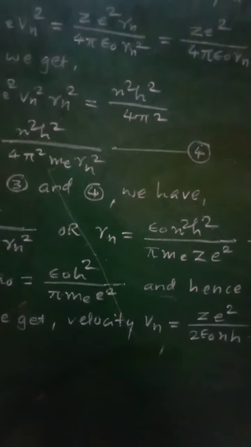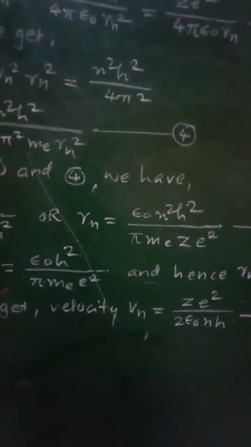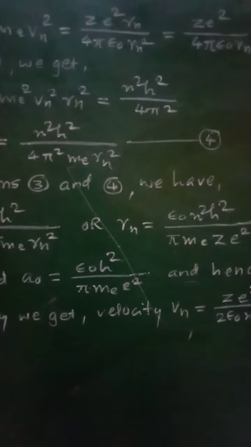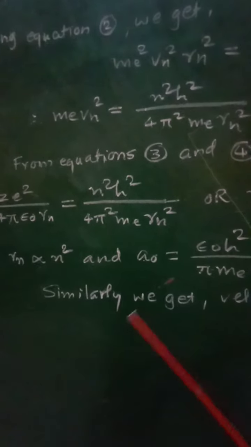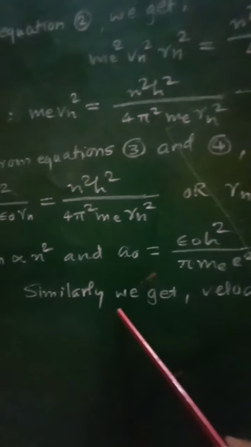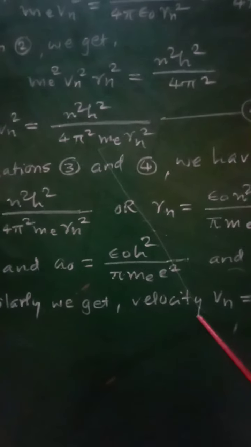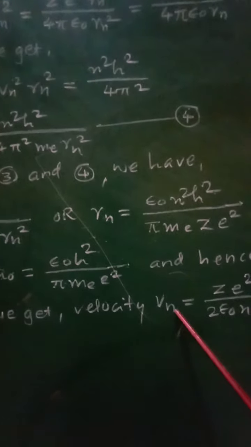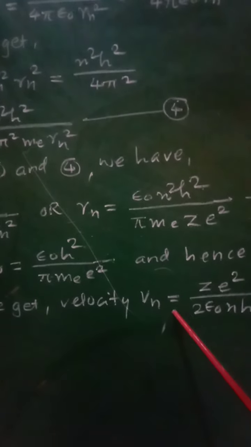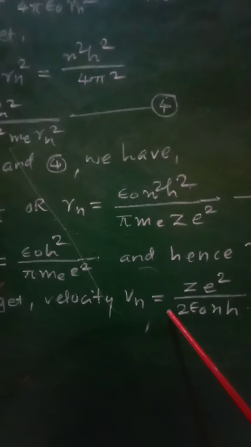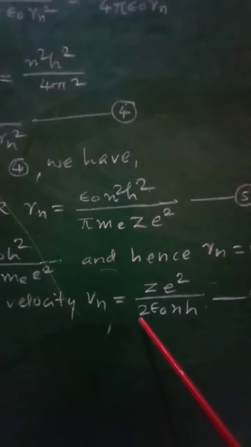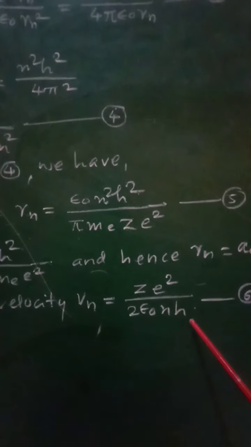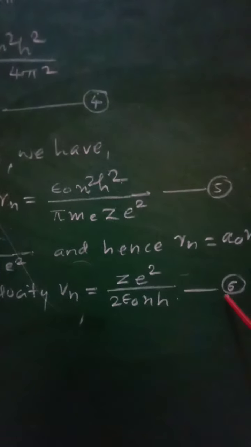Then similarly, from the above equations 1 and 2 we can find the expression for velocity. So from equations 1 and 2 we get the velocity Vn, that is the velocity in the nth stable orbit, equal to Z e square upon 2 epsilon 0 n h, equation number 6.